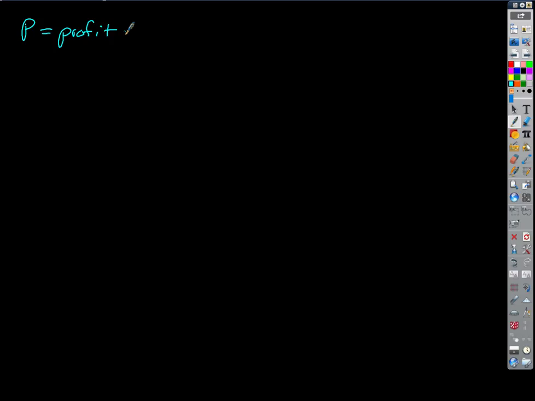So it's gonna be how much you made, which is what we call revenue, right? How much money you're bringing in minus your operating costs, call that C. Okay, so if we let P equal profit, R equal revenue and C equal operational costs, then P just equals R minus C, right?